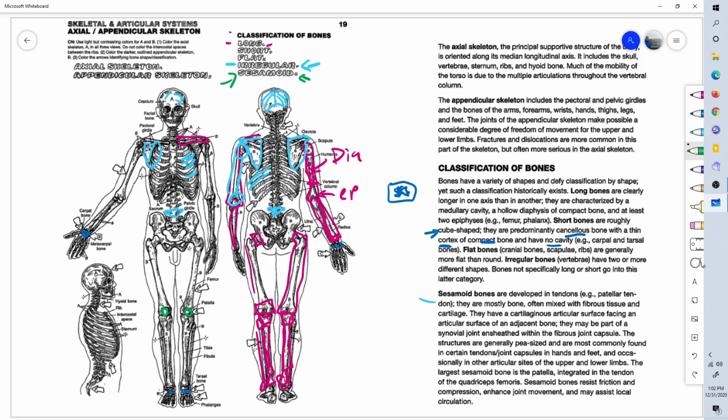And what's unique about these bones is that one side of the bone, so this might be the top of your patellar bone, okay? It might look like that. But when you flip it over to the other side, it will have articulating surfaces on it with cartilage on one end, very, very slippery cartilage.